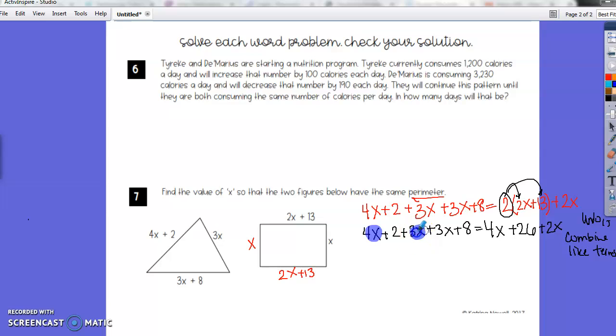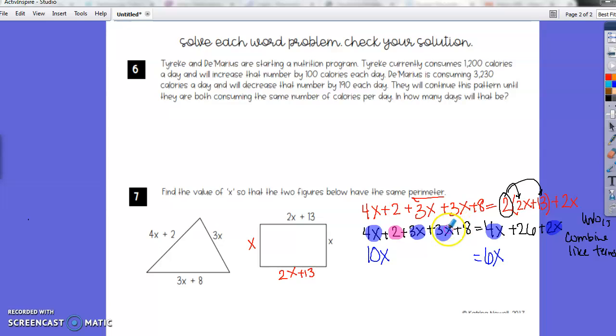So I'm going to highlight my x's. So I have 4x plus 3x is 7x plus another 3x is 10x. And on the right side I have 4x plus 2x, which is 6x. I am not done though.